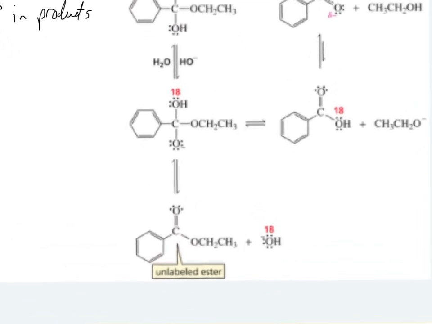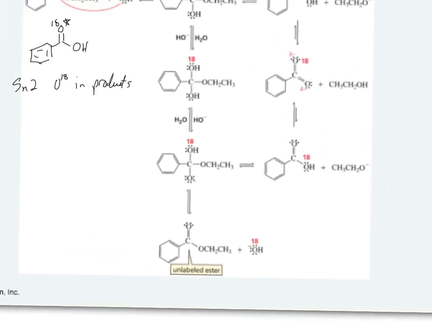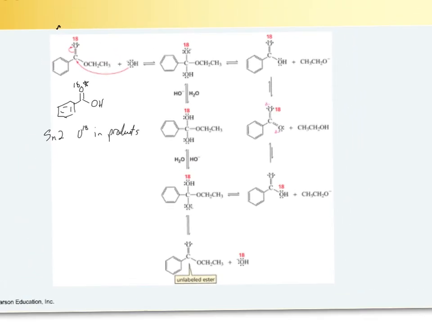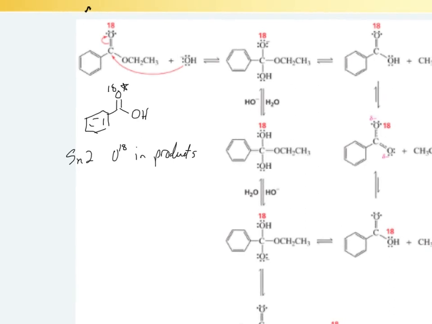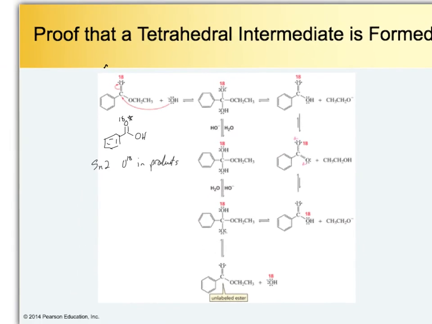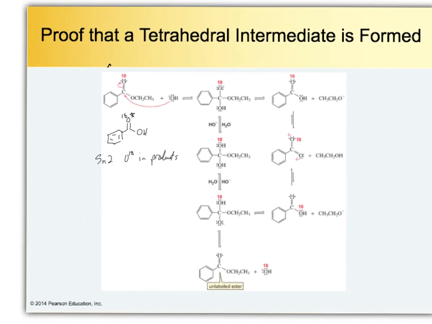And the O18 will actually not end up being in the final product ester, which indicates to us that an SN2 is not possible, right? So that's the nice little side story there. That's somewhat proof that tetrahedral intermediates form, because if it was an SN2, the O18 would always be in the final products with this starting material.